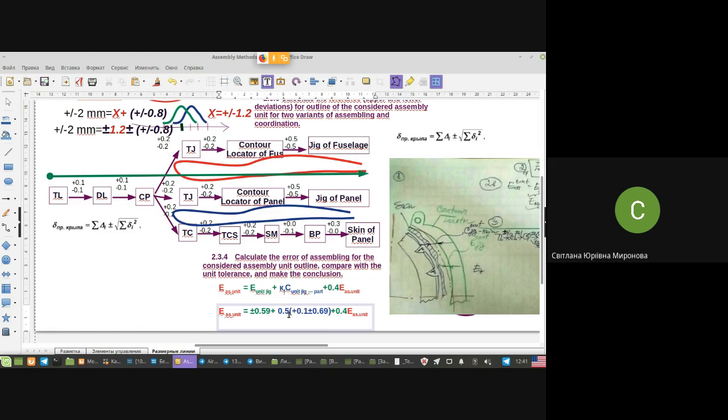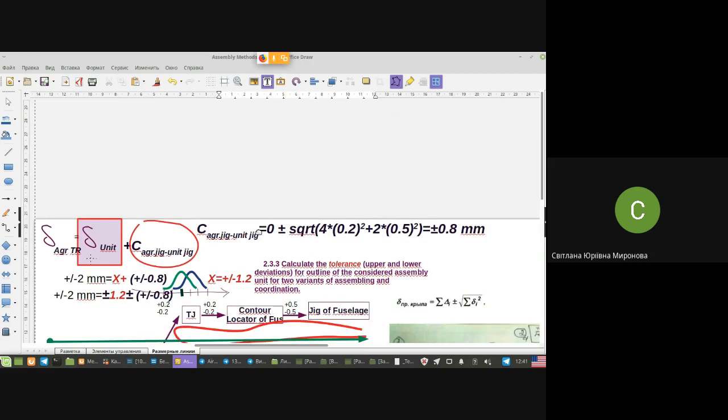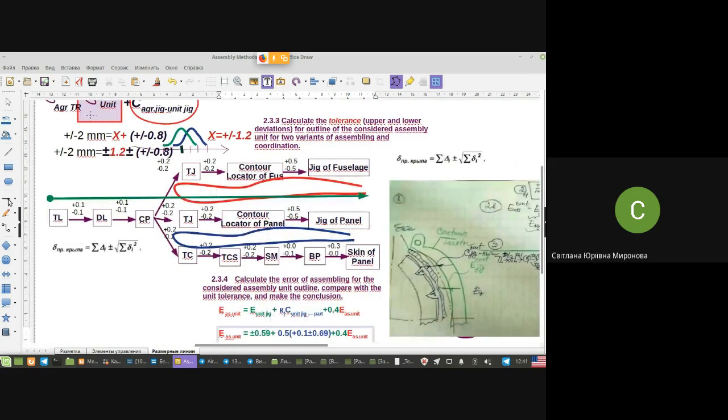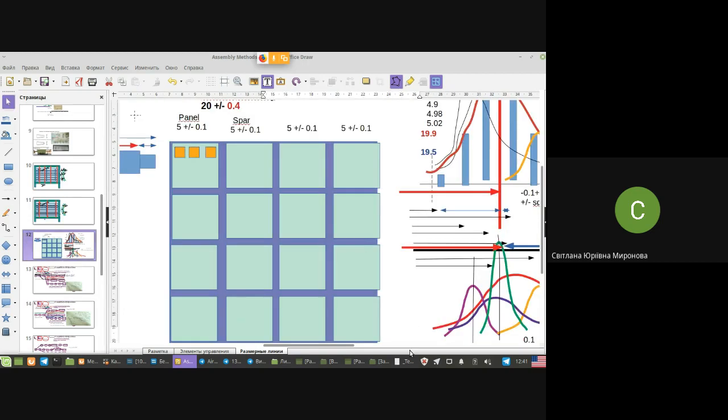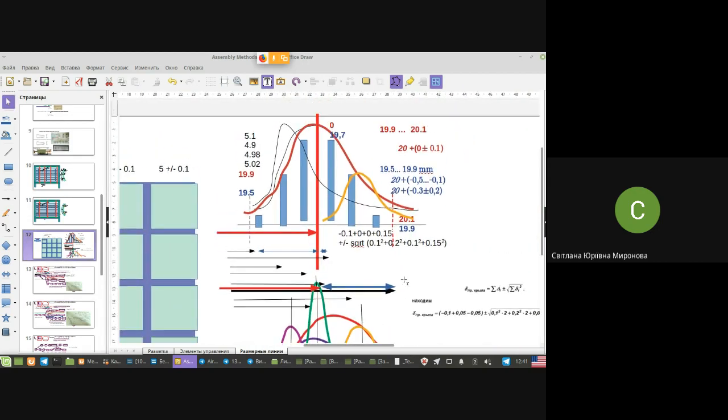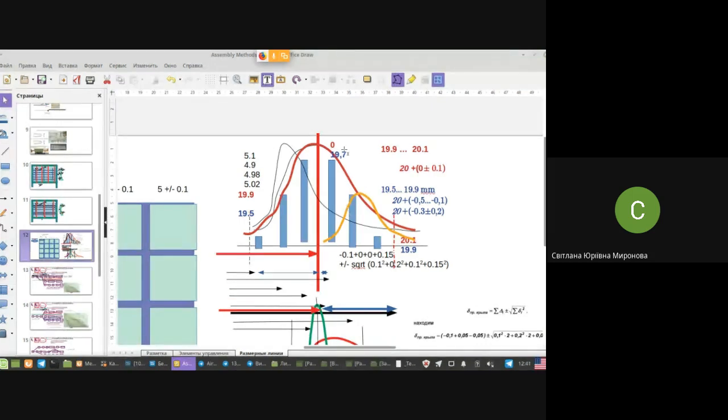Next I need the error of coordination, and in this case the task is already complicated. What is complicated? Let's come back to the previous slide, where we were talking at length in the previous class about the characteristics of these fields of distribution.